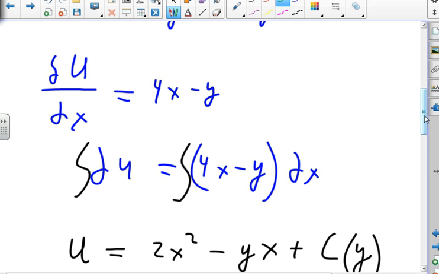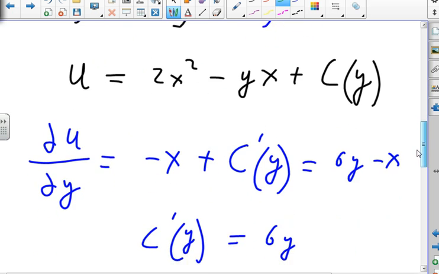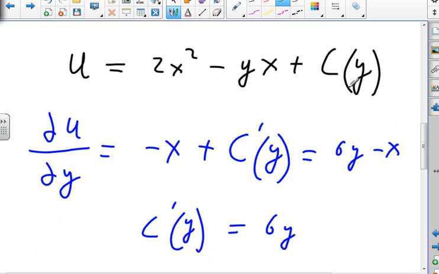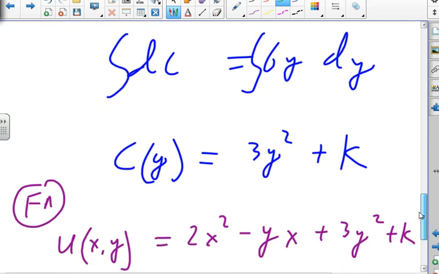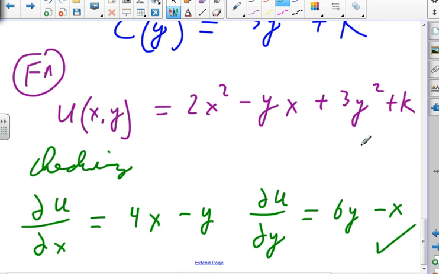We then solve for u. Once I solve for u, I take the partial of u with respect to y, and solve for the constant c of y. Once I have c of y, I just add it back to my original expression for u, and then I have the final answer. Then I check my work by taking the partial derivatives with respect to x and y to make sure I get the same thing back that I started with.